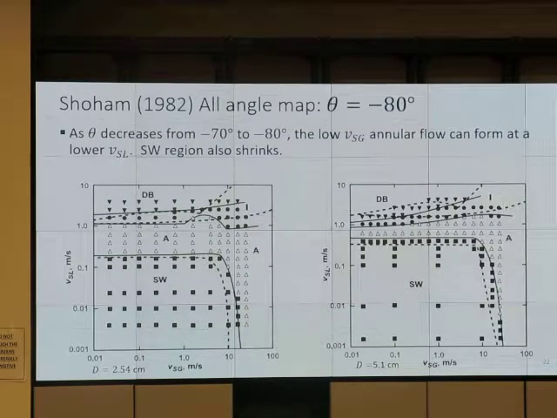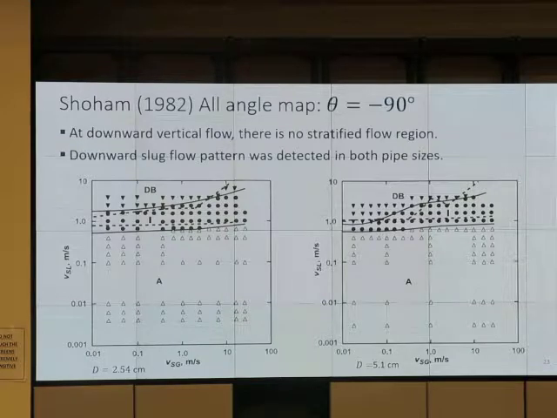At -80, oh, like this, annular flow stays at a higher VSL for this case, on top in the map of stratified wavy. At -90, stratified wavy is gone. You have falling film, okay? And entrainment fraction is 0.